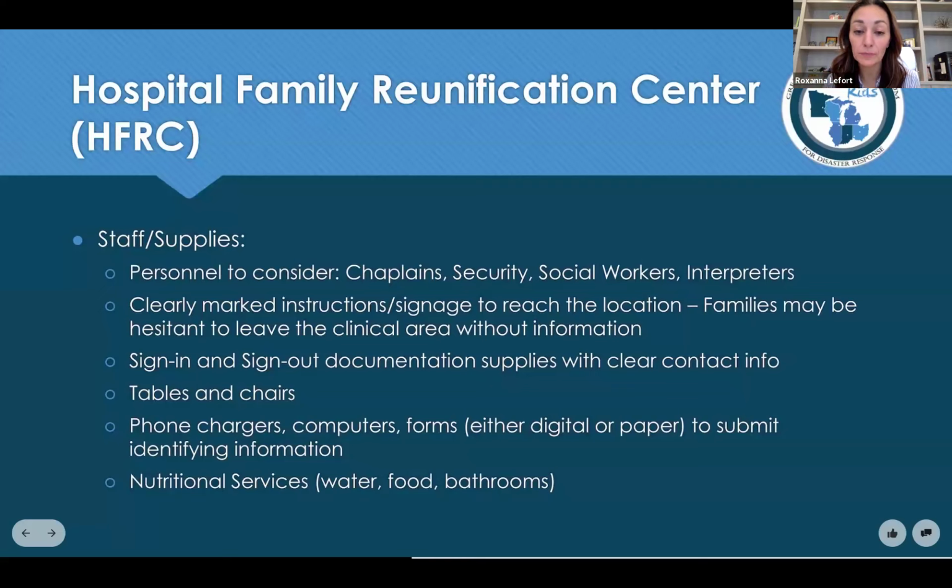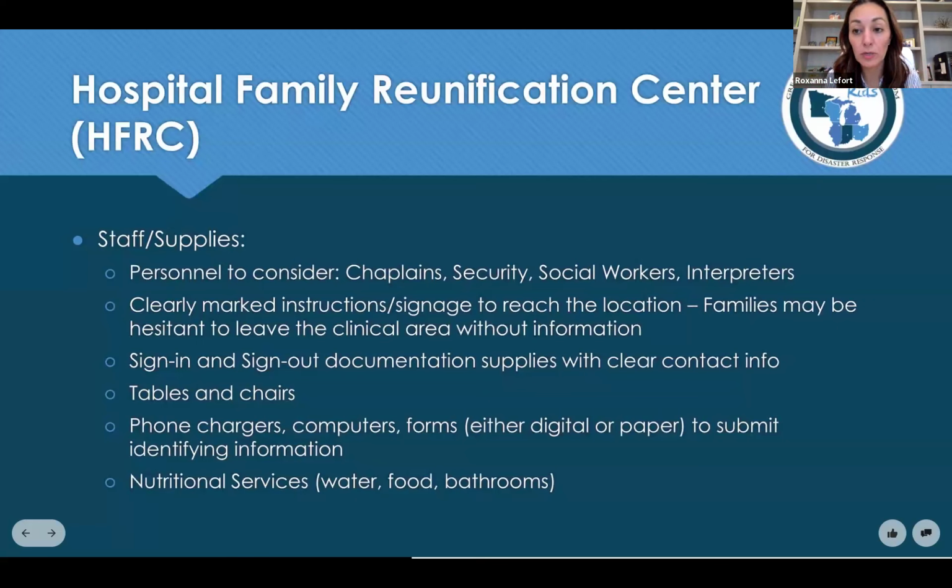This is a great place for the social workers to be too. They can, again, get that tracking process started. Oftentimes they have ways of communicating. They can help communicate with other hospitals and other outside organizations to really help find where people's family members are located.